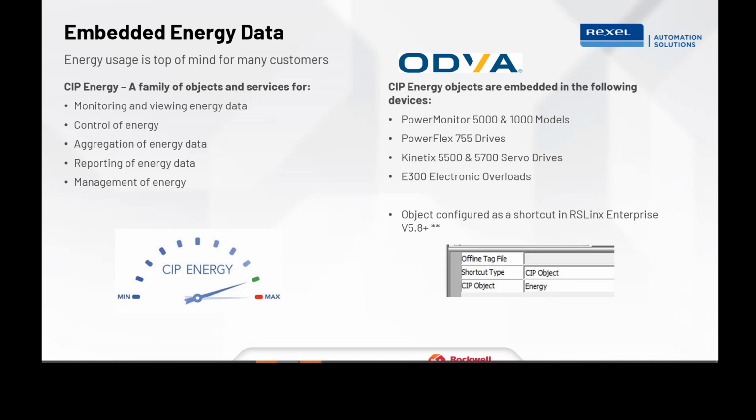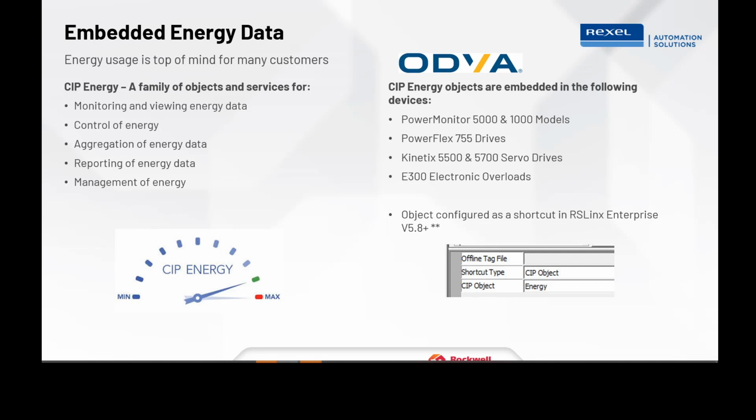Next topic here is SIP energy, and energy is pretty critical in any facility to try and save some costs. So we have a bunch of products here that have the SIP energy objects embedded now: the power monitors, whether it be a Power Monitor 5000, Power Monitor 1000, the new PowerFlex 755 drives have that object, and then you see the Kinetix 5500 and 5700, and finally the E300 overload.